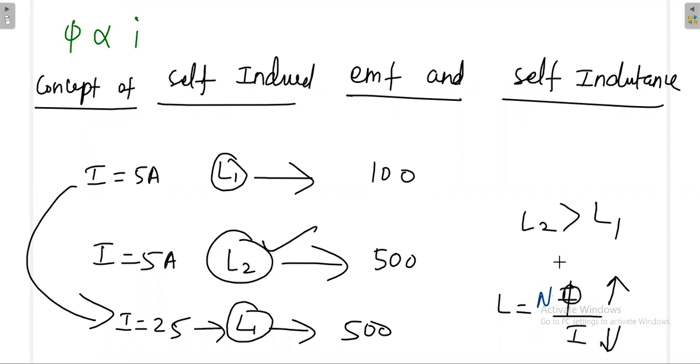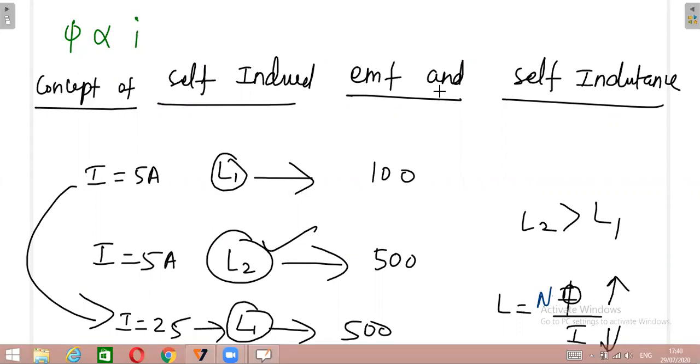If its value is less, it will produce less flux for a given current. So very precisely, what is the definition of inductor? The flux produced per ampere current. That is the definition of the inductor, very simply. Total flux produced per ampere current.